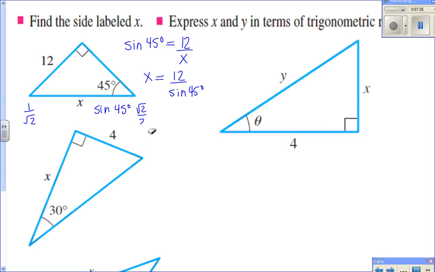But here, it'd be most helpful to just leave it as 1 over the square root of 2. So we would have x equals 12 over 1 over the square root of 2. That's helpful because we're going to have to multiply by the reciprocal. So we're going to have x equals 12 times the square root of 2 over 1, which is just 12 times the square root of 2.